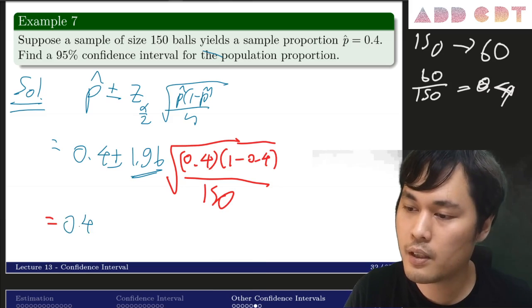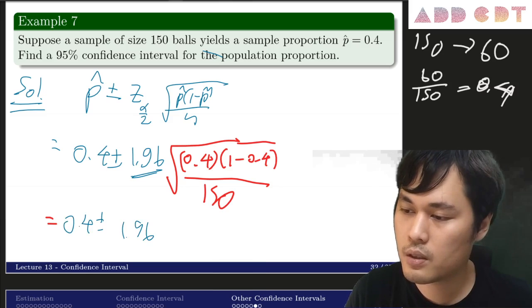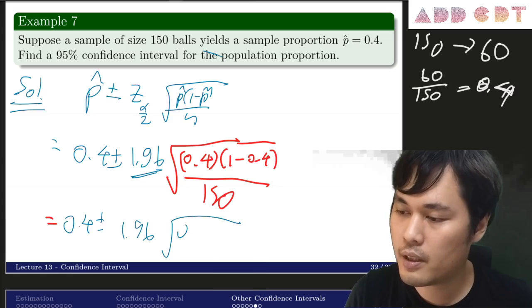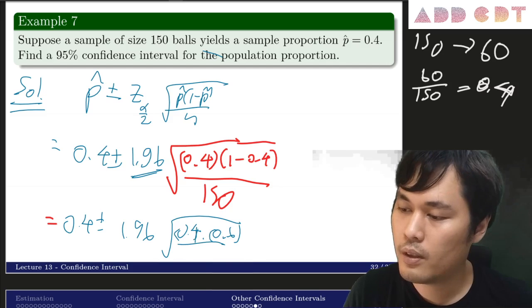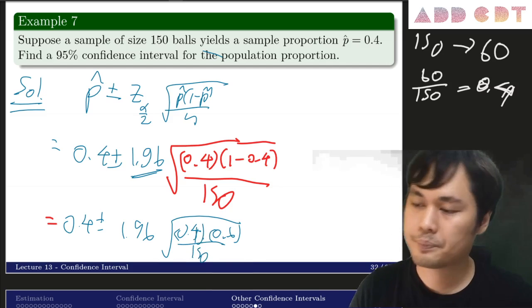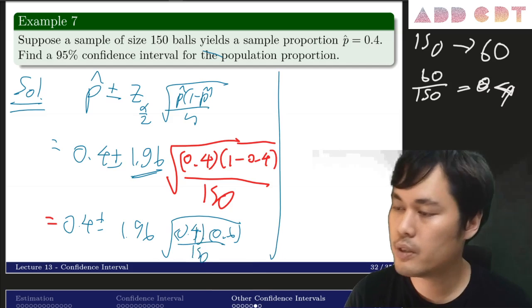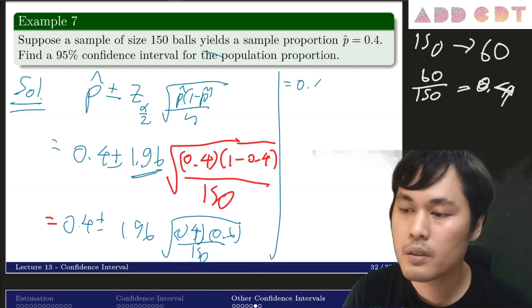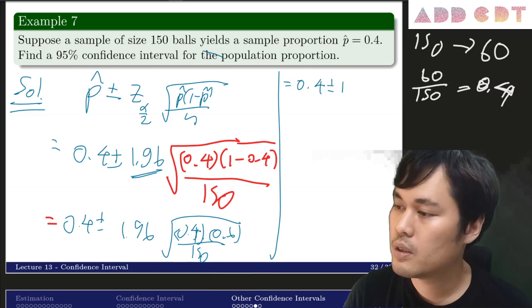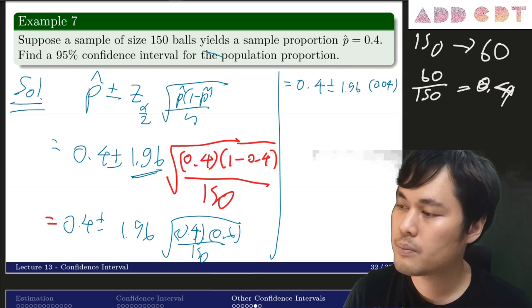That's 0.6 divided by 150. We can use a calculator to compute that, but this one can be cancelled nicely. I think it gives you 0.04.